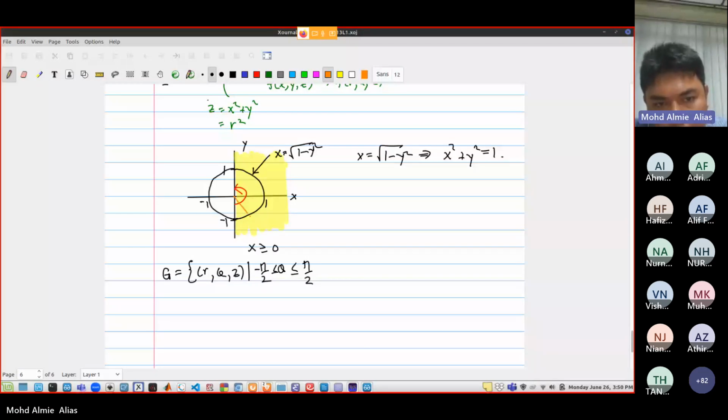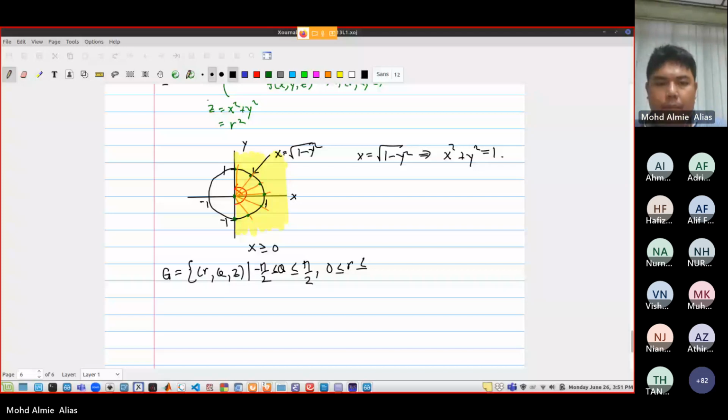our line here, where the end point is always at the origin, and the other one always at the boundary of the circle, which means that now our r is from 0 to 1.